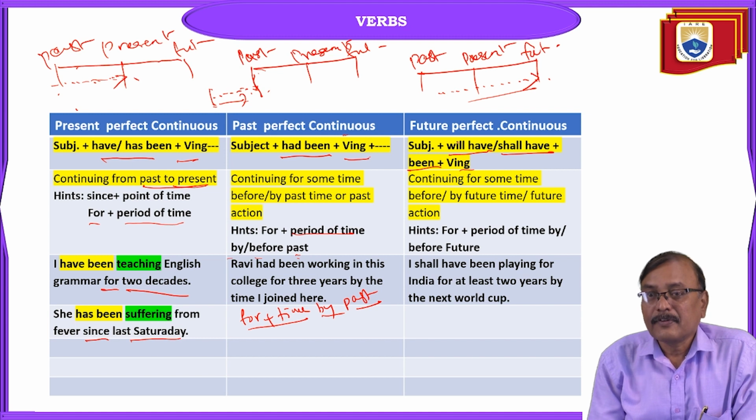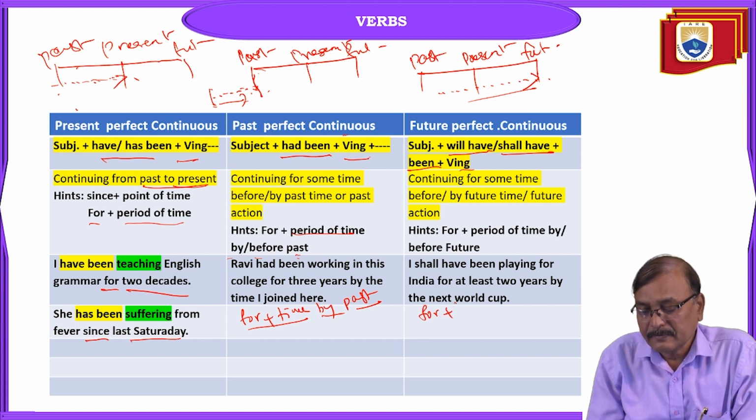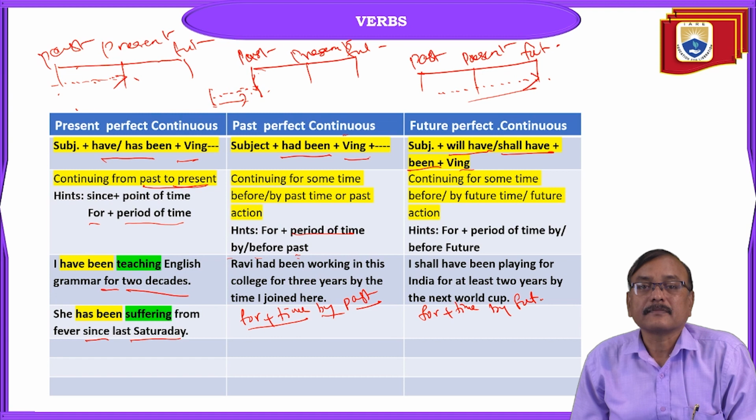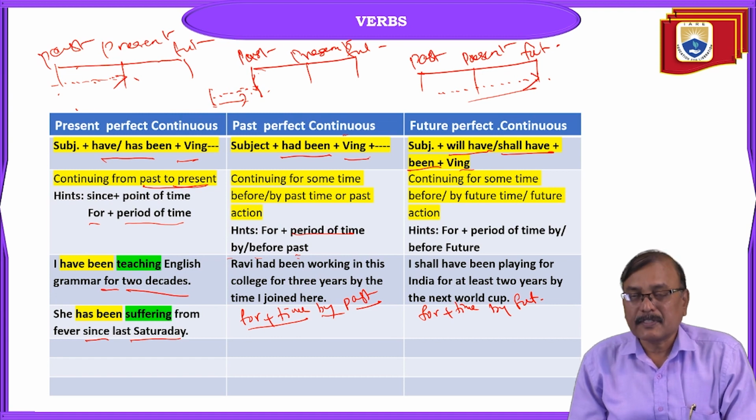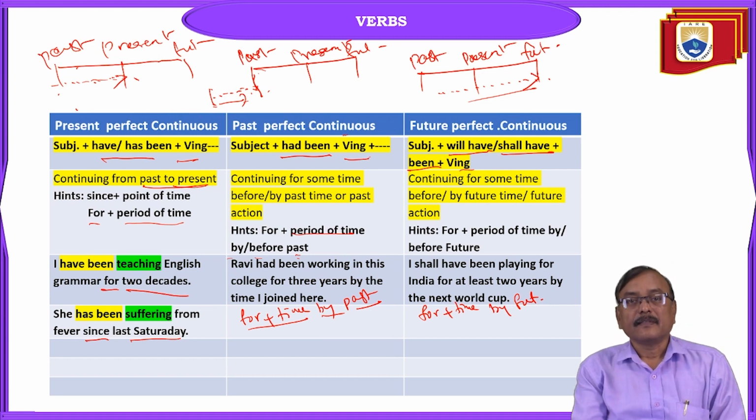Future perfect continuous tense, that is the hint: for plus time by future time or future action. This is future perfect continuous.